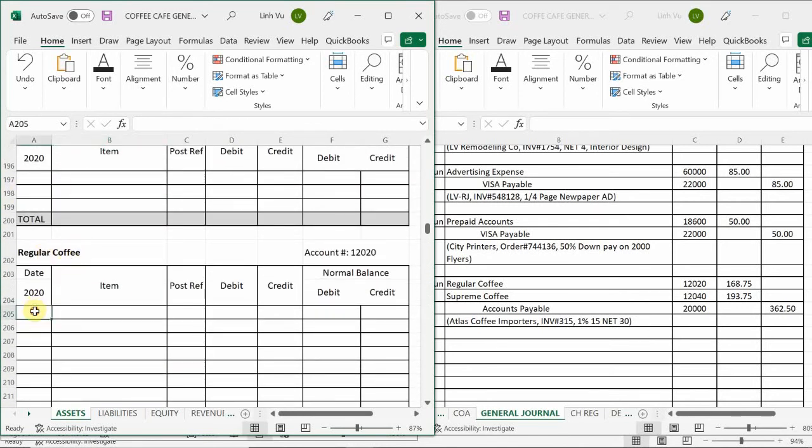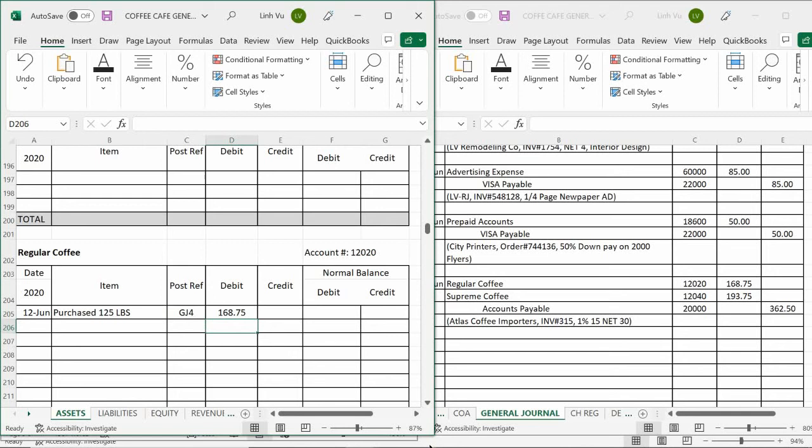Regular coffee. Today's the 12th. What did you do? You purchased 125 pounds of coffee, right? We're on General Journal page 4 for a total of $168.75.